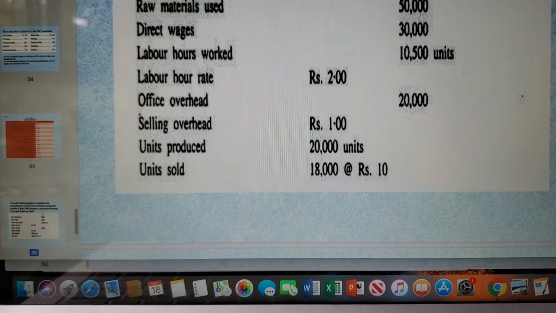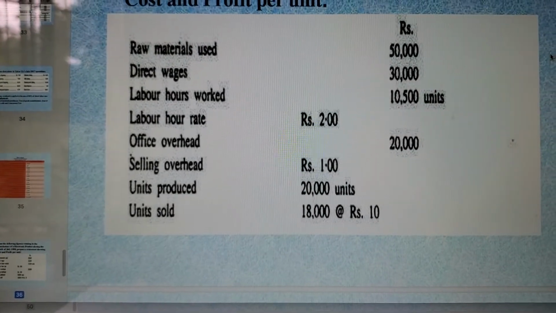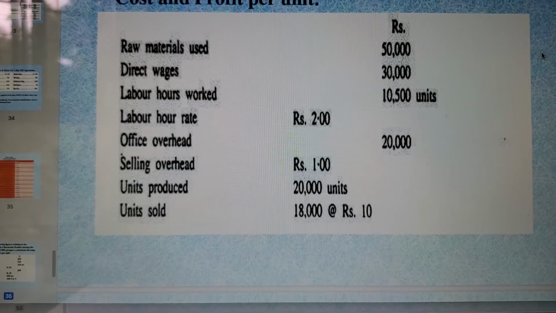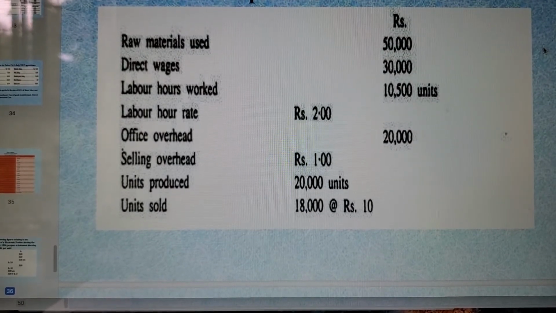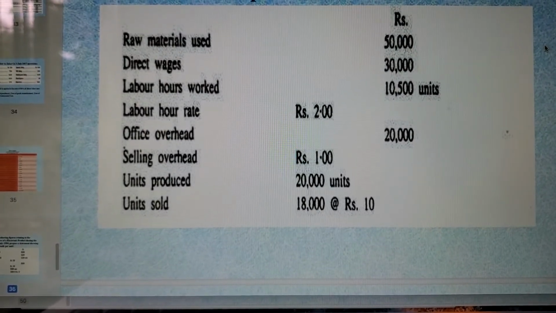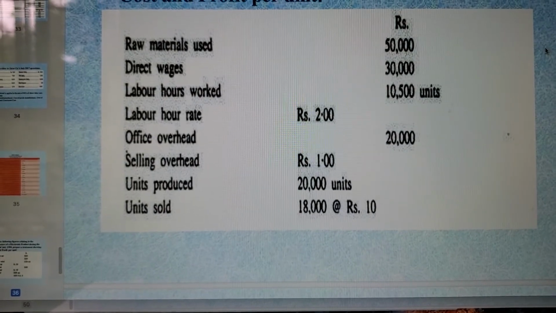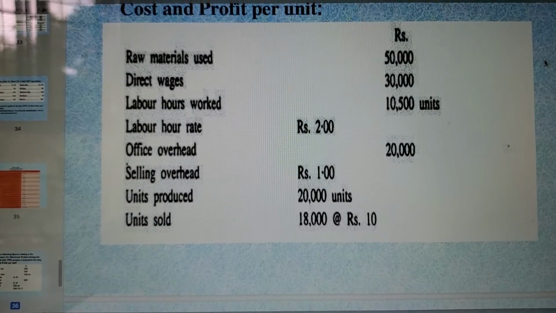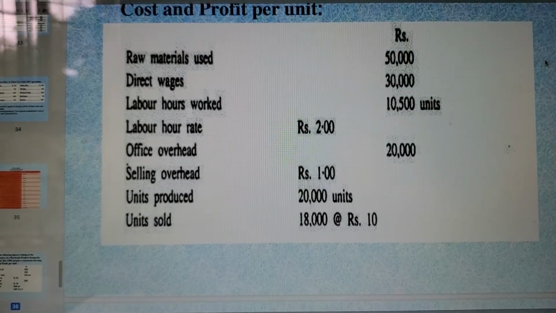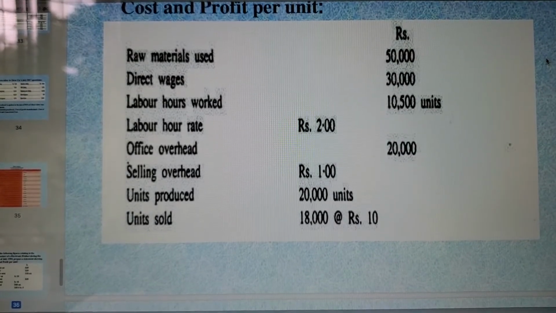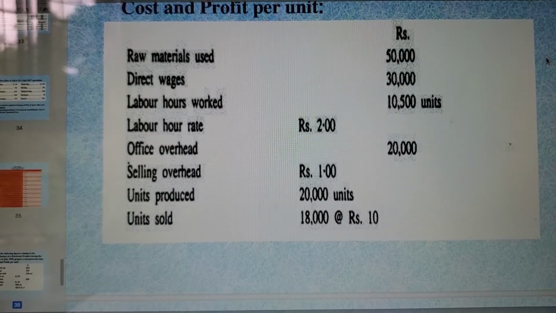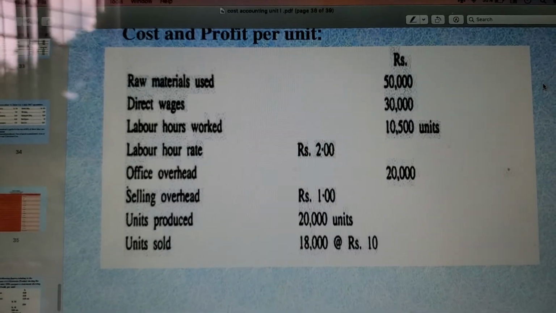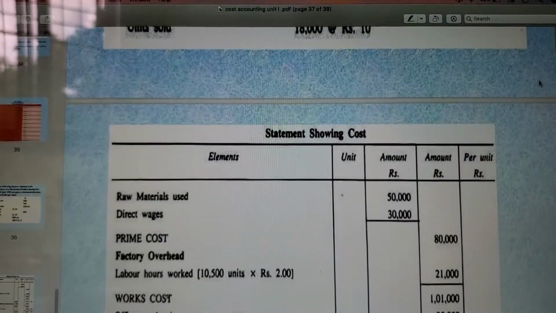Raw materials used rupees 50,000, direct wages 30,000, labor hours worked 10,500 units, labor hour rate rupees 2, office overhead 20,000, selling overhead rupees 1, units produced 20,000 units, units sold 18,000 at rupees 10.